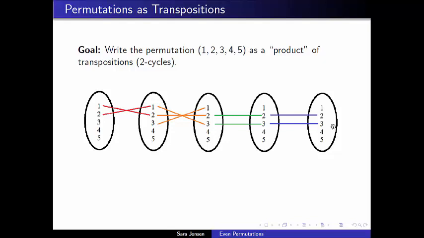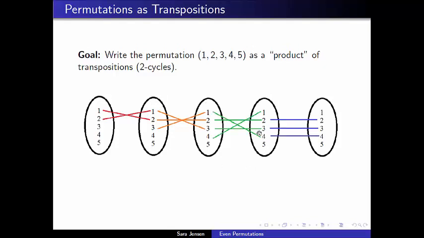And we keep on going in this way. Now, the 3 maps to the 1. Ultimately, the 3 should go to the 4, so we'll make that exchange right here. And after we've fixed it so that the 3 does map to the 4, we'll keep that value constant.